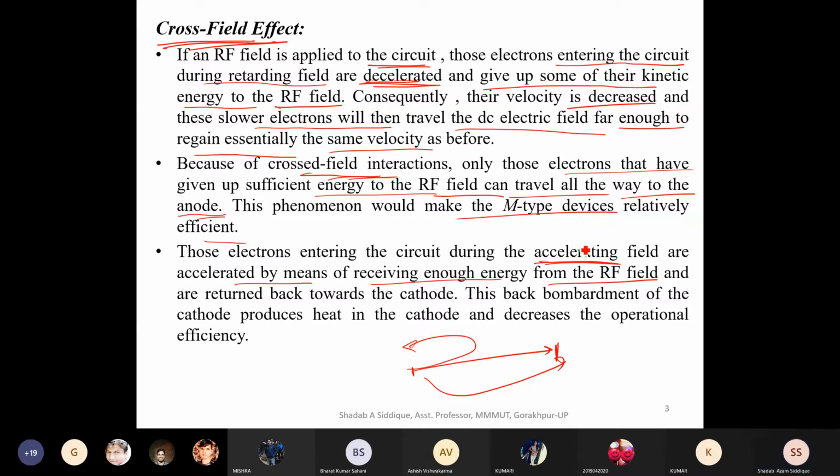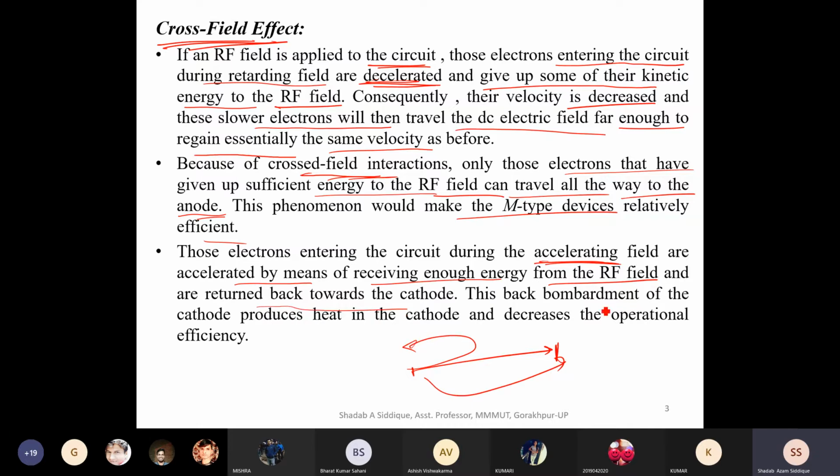So it is taking energy from the RF field, whereas in the other case it gives up its kinetic energy to the RF field. Here it is taking energy from the RF field and is returned back towards the cathode.